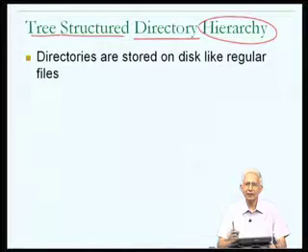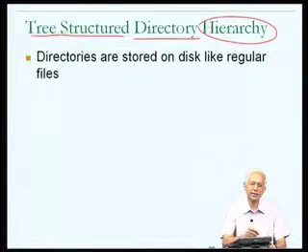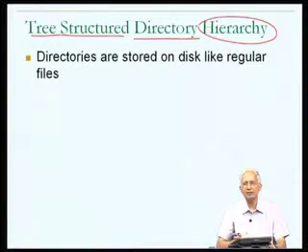Just like a text file which you create, or a program.c file that you create contains information such as the text of a program or the numbers that have to be read in by a program, a directory too contains information. The information happens to be, for each name, the corresponding file descriptor. And this may not be information that a user program is going to use, but it is information that could be stored in something like a file. So that is an interesting idea: the directories themselves, in other words, the mappings between file names and file descriptors, could be stored on disks, maybe very much like regular files.